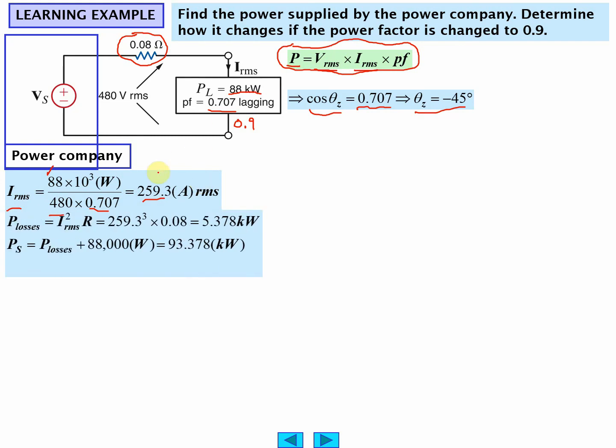Now, we can find out how much we're losing right here. These are line losses. And just take this number, square it, multiply it by 0.08 ohms, you get that many kilowatts lost. And so the supplied power is going to be this much. Now, if we can change the power factor to 0.9, we just substitute 0.9 in the equations, like right here.